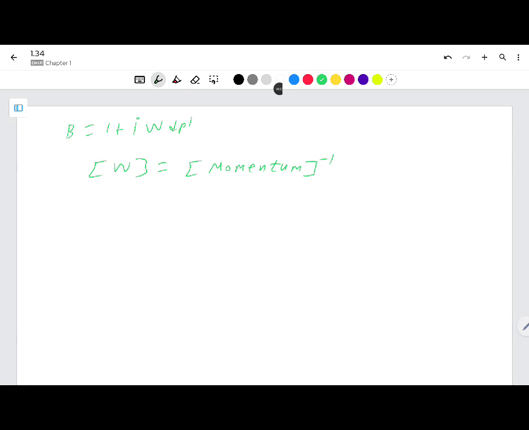and we know that the dimension of h bar is the dimension of momentum times the dimension of position. Okay, so we can say that momentum inverse can be written as position upon h bar.